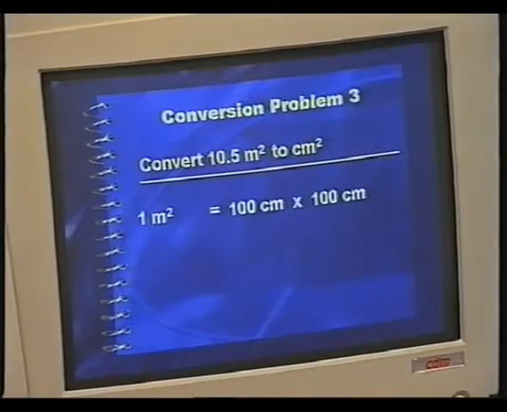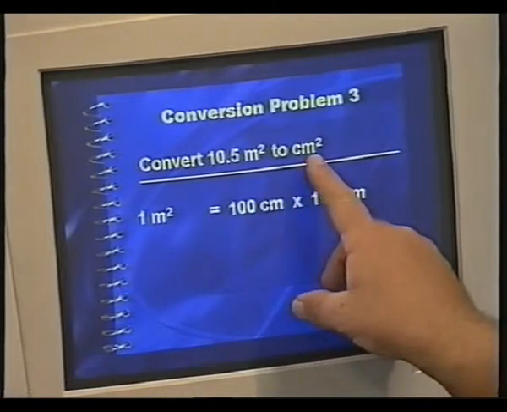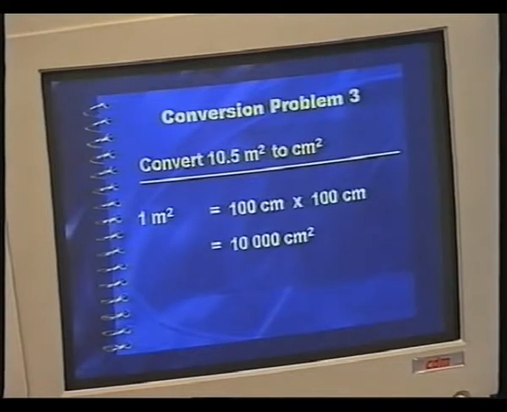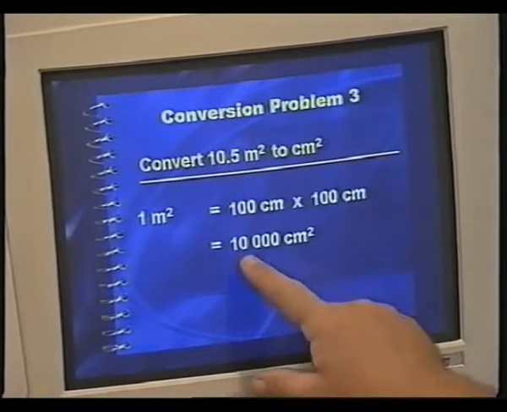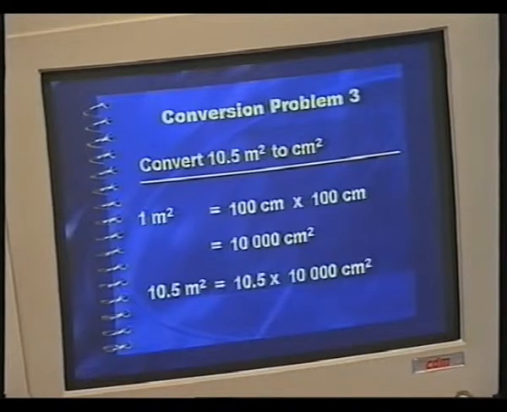We've got 1 square meter as 100 centimeters times 100 centimeters, so I'm already changing to the squared there. So that's going to be 10,000 squared centimeters. And then finally we want to have 10.5 square meters, so that number there has to be multiplied by the 10.5 to obtain in the end 105,000 squared centimeters.